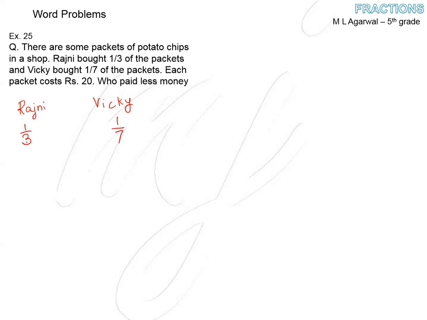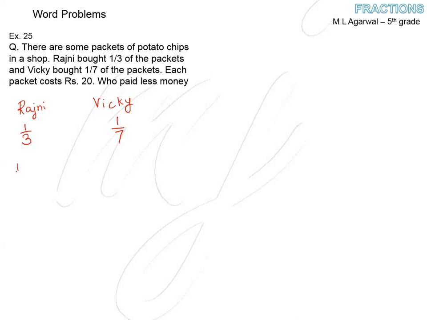Now you see that these are unlike fractions, 3 and 7. So the first step is you try to convert these fractions into like fractions. What can you do to convert this into like fraction? Take the LCM of 3 and 7. Now 3 and 7 both are prime numbers, so the LCM will be 7 3s are 21. So how can I make this 21?